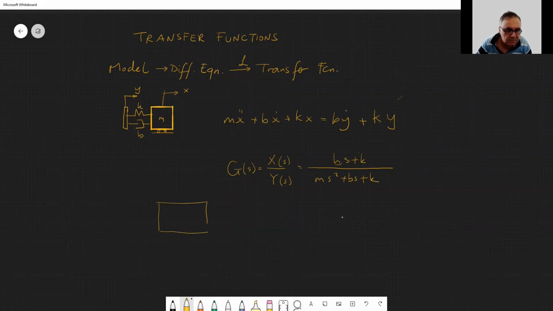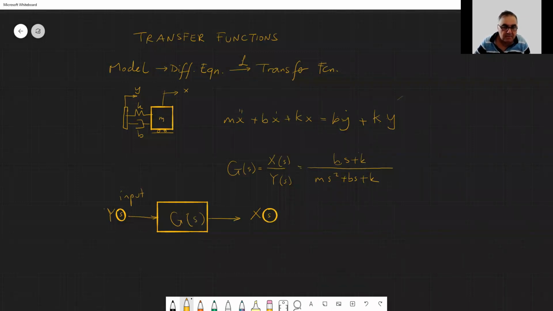You can think about it as Y of s being a signal that comes into the system input and multiplies G of s, and X of s is the output.